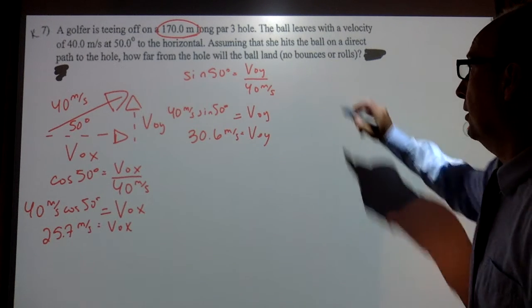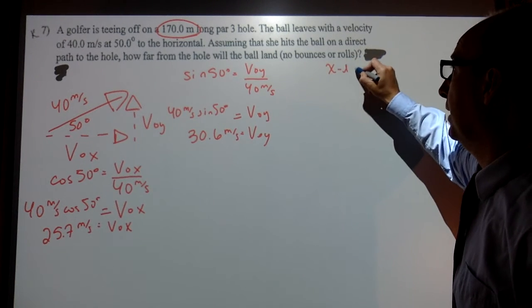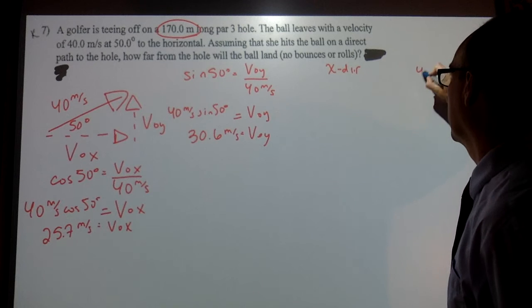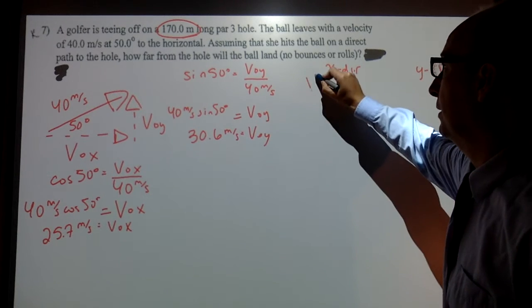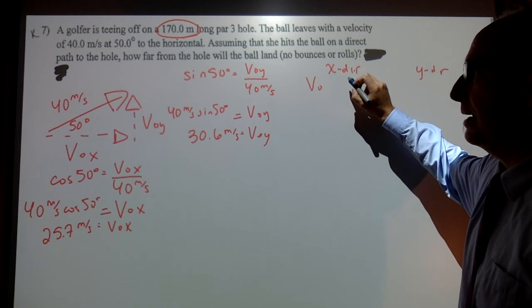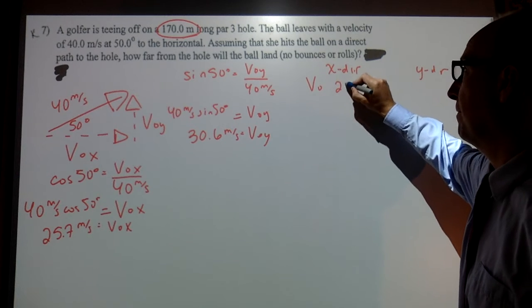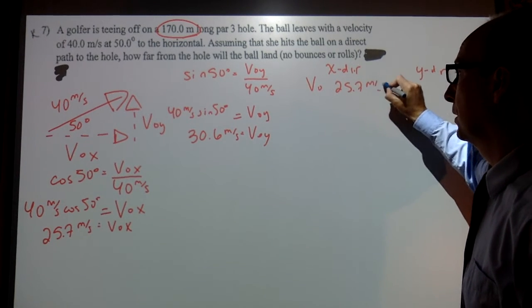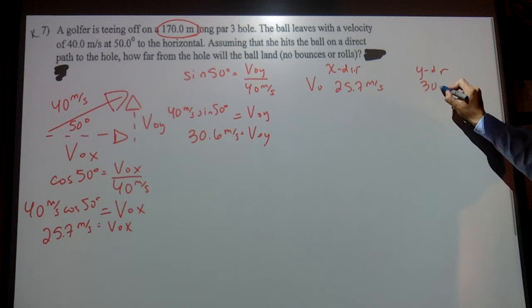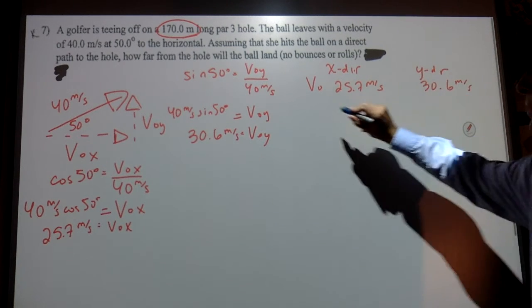Again, we'll look at our charts. I'm going to have an x direction and a y direction. In the x direction, my initial velocity is 25.7. In the y direction, it is 30.6.